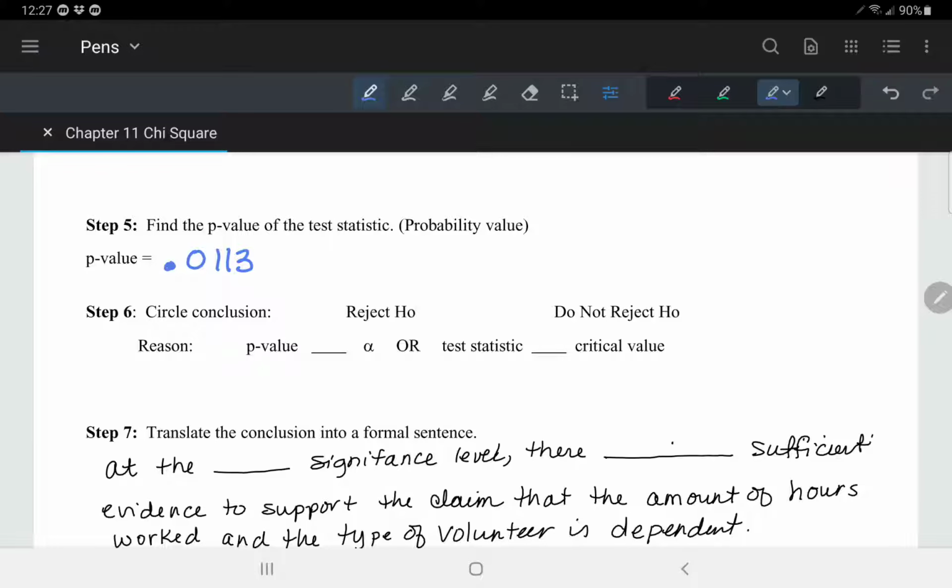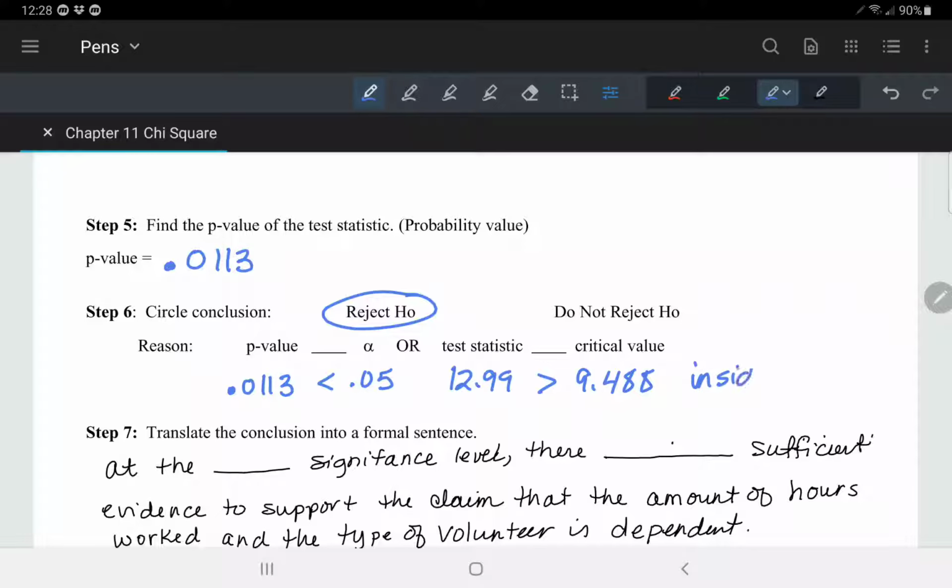So either way we do this, we are going to reject H sub 0, either because our p-value 0.0113 is less than alpha, which was 5%, or because our test statistic, which is 12.99, is greater than the critical value of 9.488. The important thing here is that it is inside the rejection region.